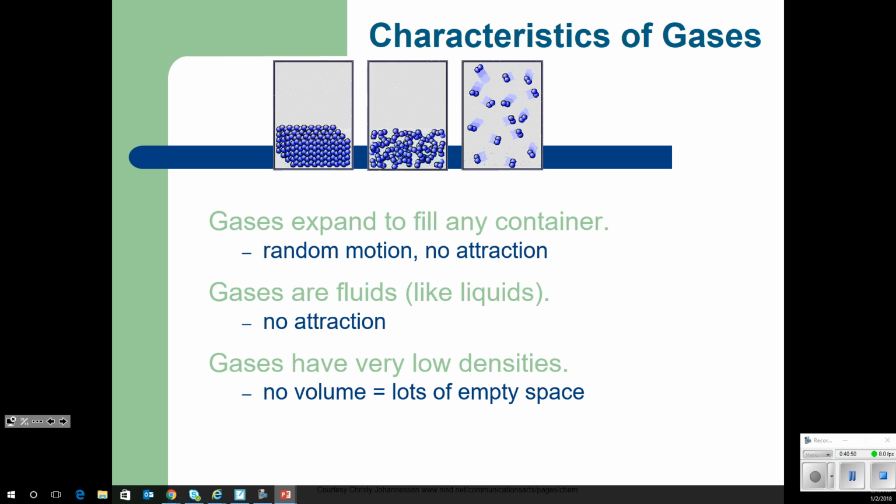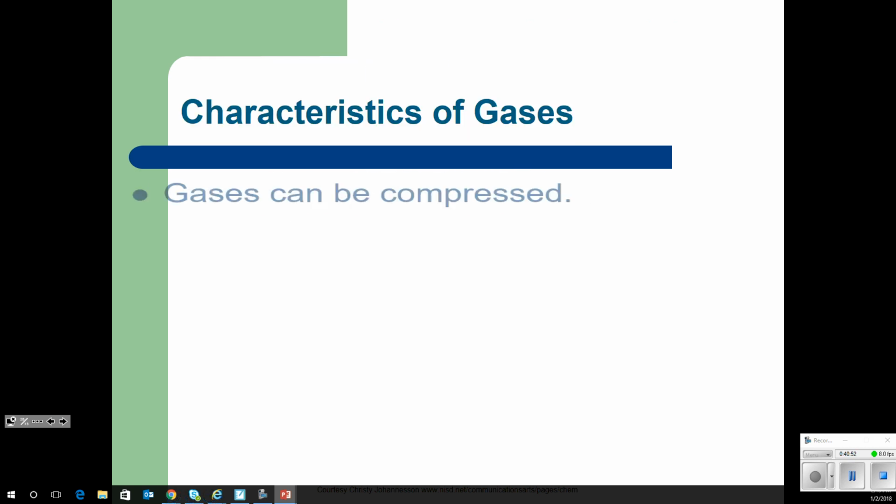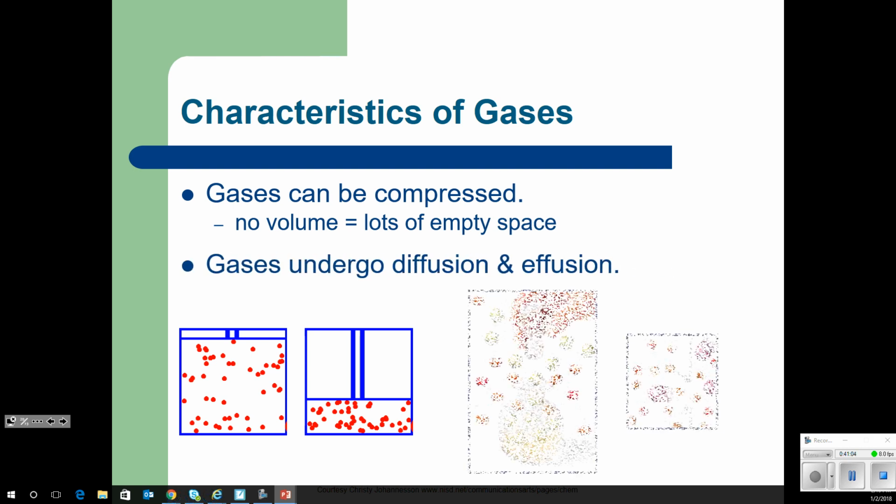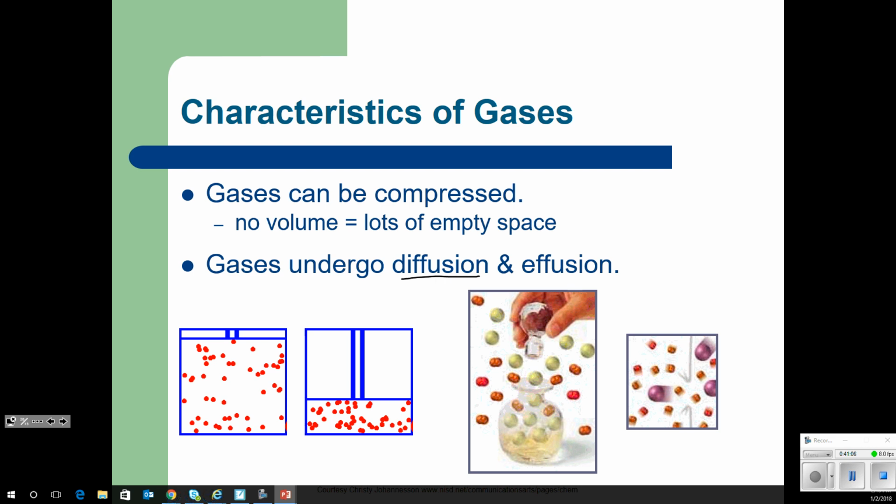Okay. So as we're looking at gases, some other characteristics. Gases can be compressed. Because they have no volume and lots of empty space, they can be compressed and made to fit in little spaces. This is another thing that we need to be worried about, and you can write that into your notes somewhere. We need to know the difference between diffusion and effusion.